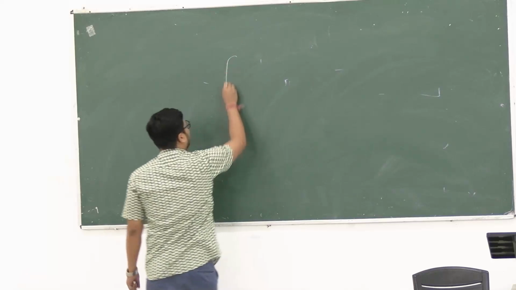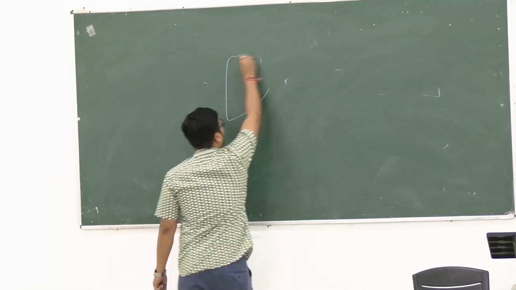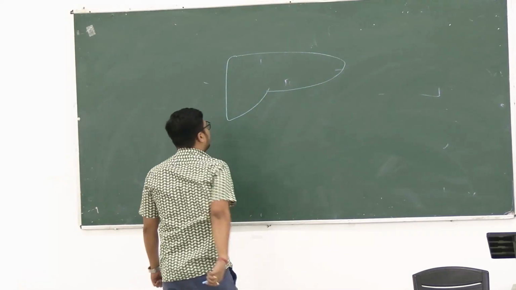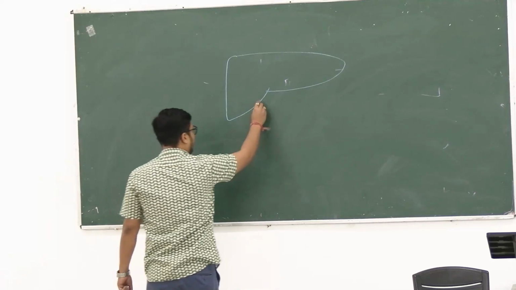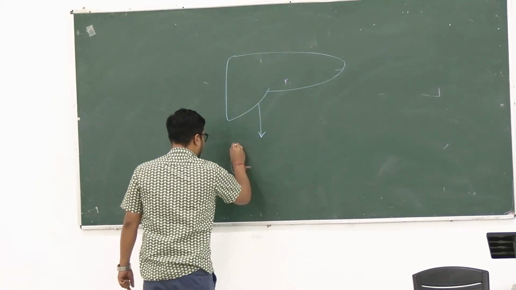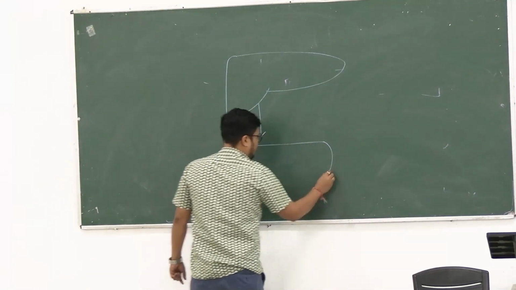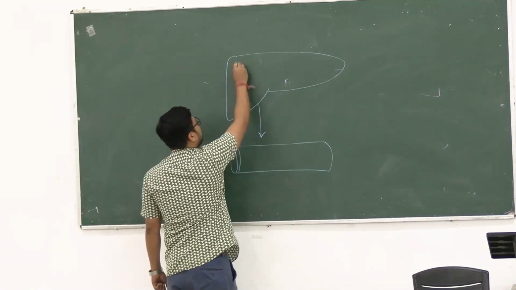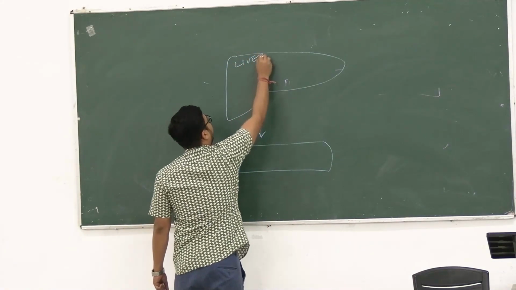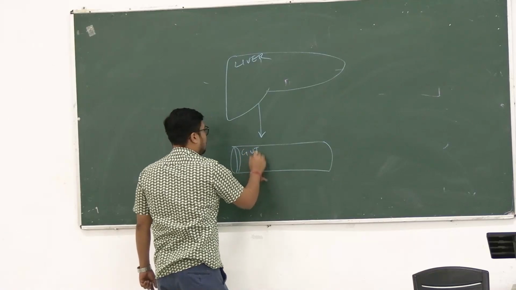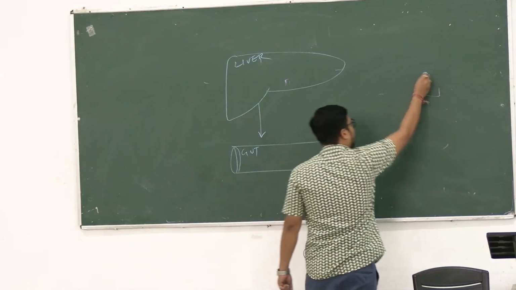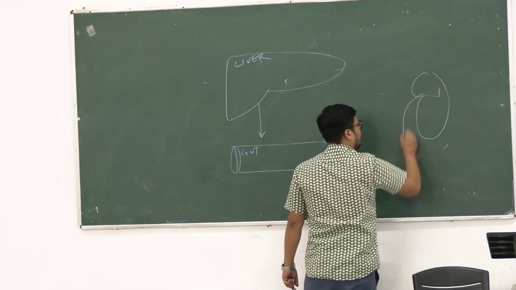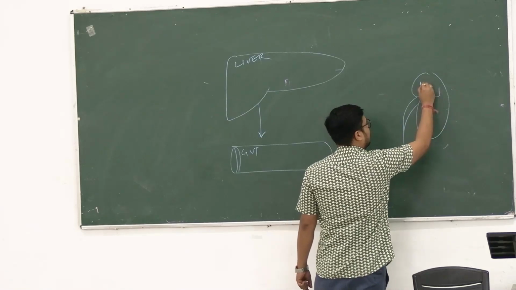So for bilirubin metabolism, we draw a liver, the metabolic factory. Okay, now gut, and what is this?